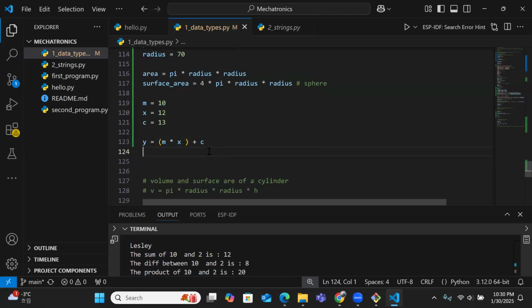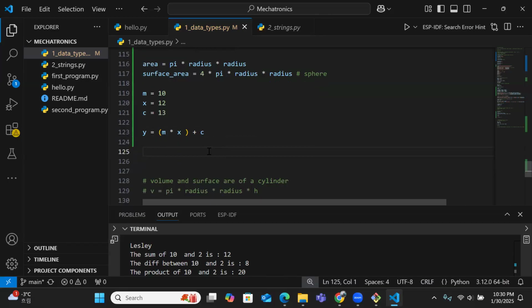And for example, the quadratic equation. What is the formula for the quadratic equation? Do you know the quadratic equation? It doesn't start with y.